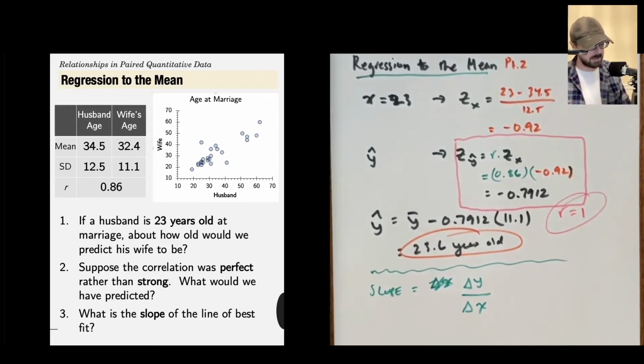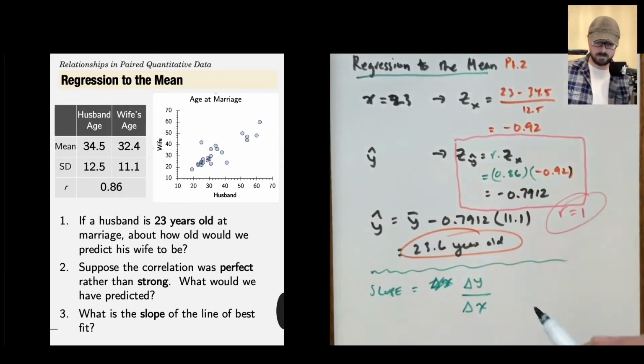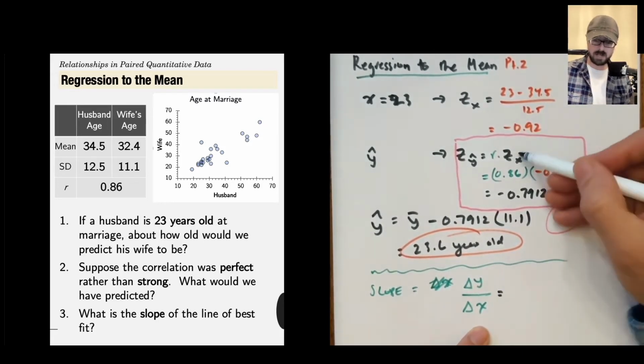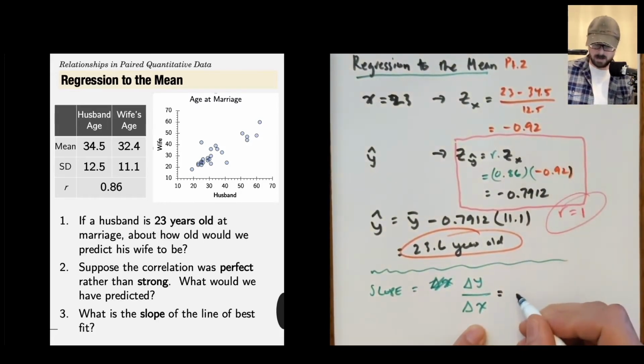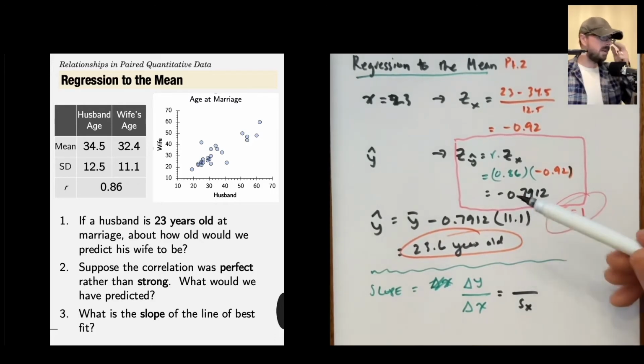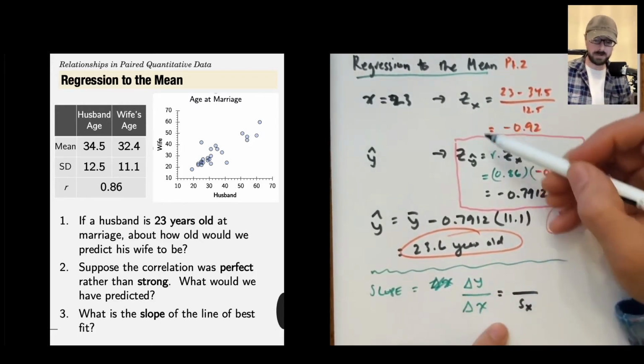And so let's think about this. In this situation, we know that, for instance, when the x variable goes up 1 standard deviation, say this was like 1 standard deviation, let's see, the standard deviation of x. If x goes up 1 standard deviation, how much would the y variable be predicted to go up? Also 1 whole standard deviation?